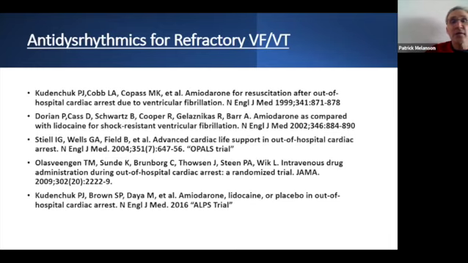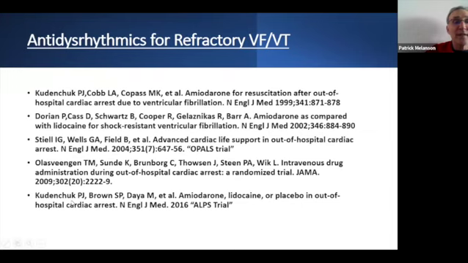So I'll talk a little bit about antidysrhythmics here. These are the pre-hospital studies with antidysrhythmics. As you would expect, none of them have demonstrated a clear survival benefit, certainly not a survival benefit with good neurologic outcome. There's a couple of studies. The first one at the top here, Kudenchuk's first study, demonstrated with amiodarone more ROSC in the pre-hospital situation, but again, later on, not much.